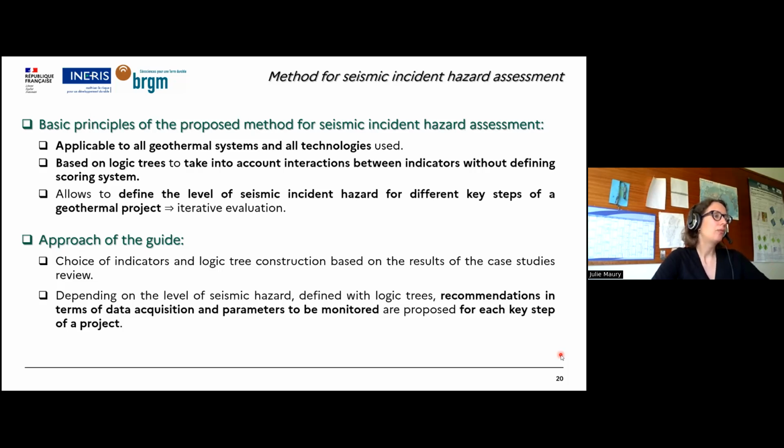And the approach of the guide was to choose our indicators and build our logic tree based on the result of the case study review that Francesca just presented. And depending on this level of seismic hazard, we provide recommendations in terms of data acquisition and parameters to be monitored for each key step of a project.